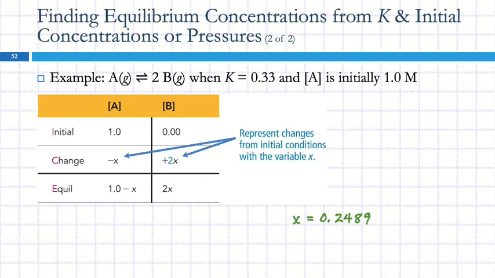So the concentration of A is equal to 1 minus x. So 1 minus 0.2489. The concentration of B is equal to 2 times x.